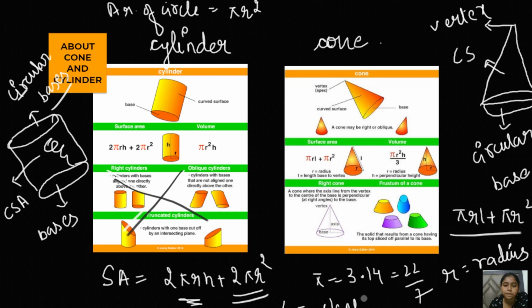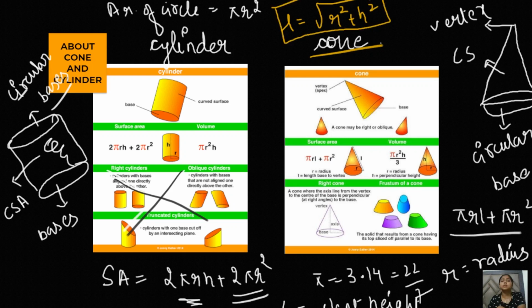Probably this L will be given to you, because to know the formula of L you have to go to class 10th, and the formula is mentioned for you. I am just writing the formula of L for the sake of you. You don't have to learn it, just go through it. This is known as the slant height, and you will understand what this L is in class 10th, right?